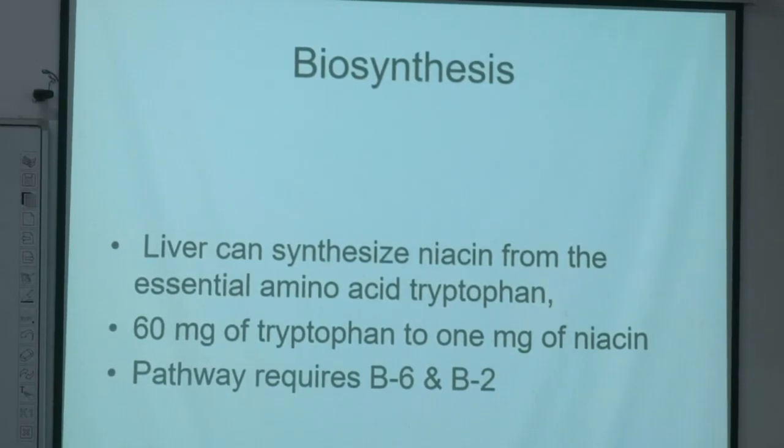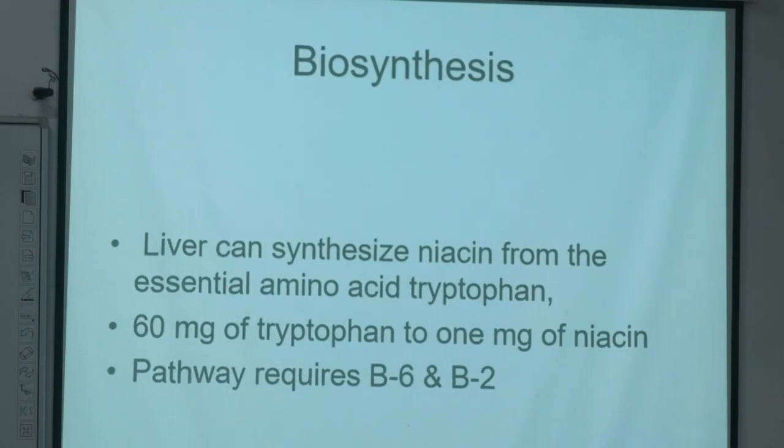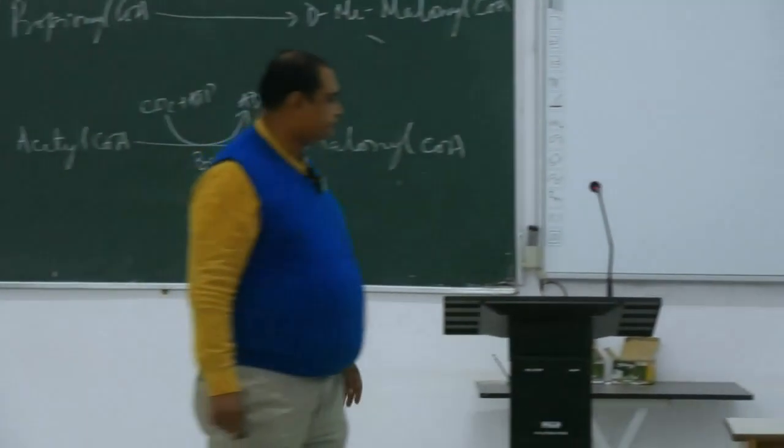This is sometimes asked. 60 milligrams of tryptophan give rise to 1 milligram of niacin. Means if we consume 60 milligrams of tryptophan, we can metabolize and produce 1 milligram of niacin. It's very little. That's why we need to replenish niacin through other dietary components.